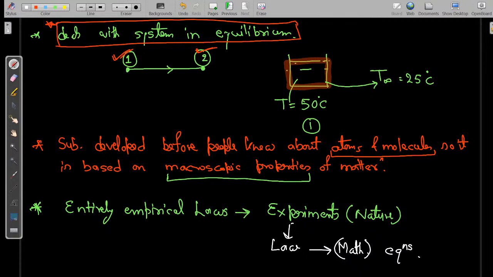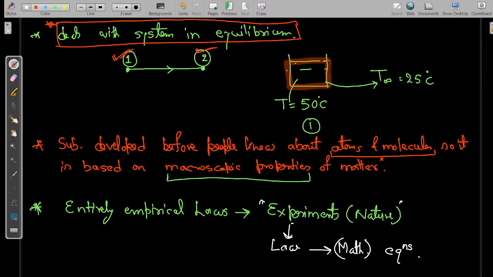Okay, so again what I told, all the laws of thermodynamics, from the zeroth law to the third law, are entirely empirical in nature. Empirical means all the laws are based on experiments and derived from nature.